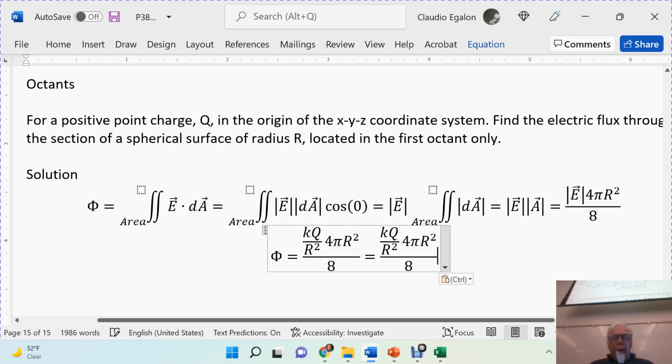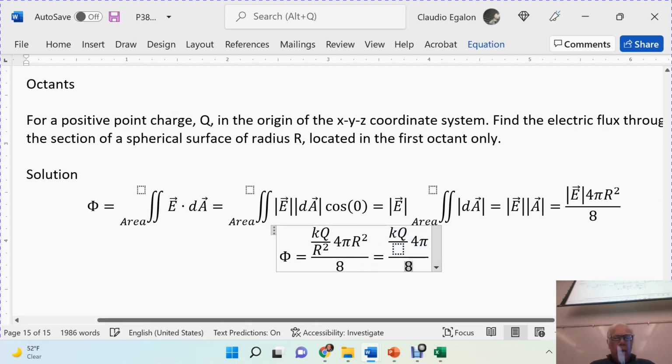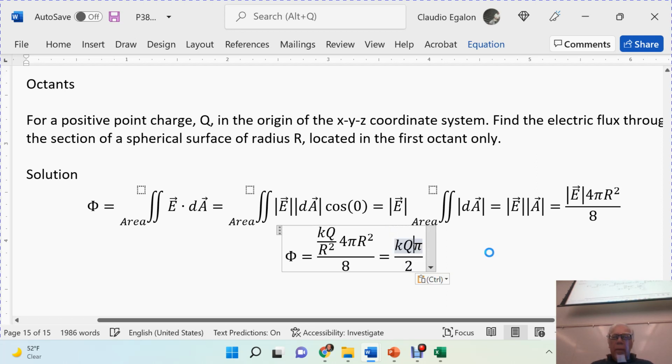The r square cancels out with the r square. The 8 cancels out with the 4. Can we do better than that? Yep, we go. KQ pi divided by 2.